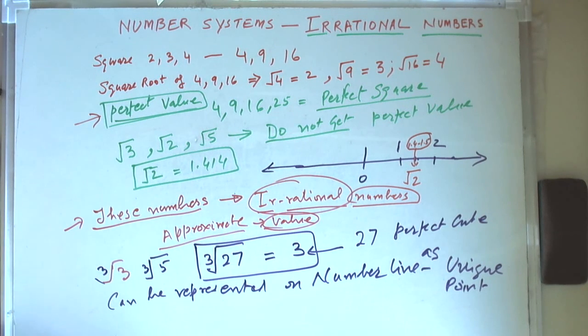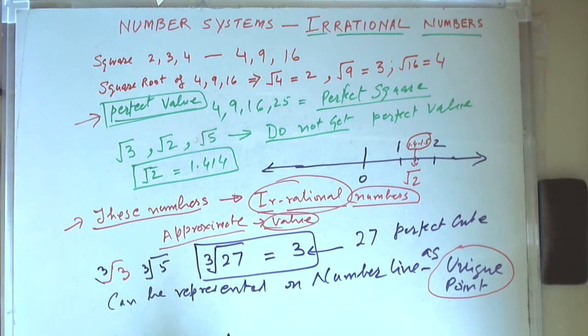So we should remember this, that as such all these irrational numbers cannot be written by their accurate value either in decimal form or in fraction form, but they can be represented by a geometrical process, which we will learn later, as a unique point on the number line.